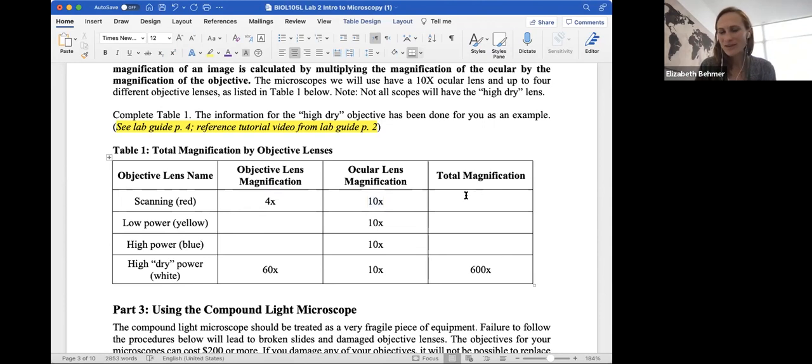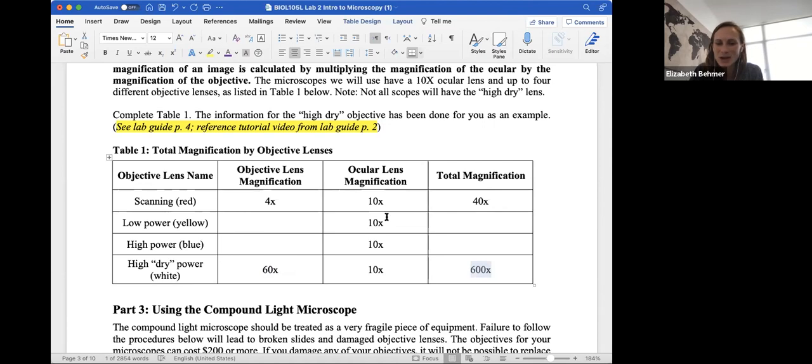So if you're using the scanning, the red objective, you'll be looking at a structure 40 times magnified. The other one we give you is the high dry power, a 60 times magnification lens, and you just multiply that by 10. So when you're using this objective lens, you're looking at something 600 times magnified.